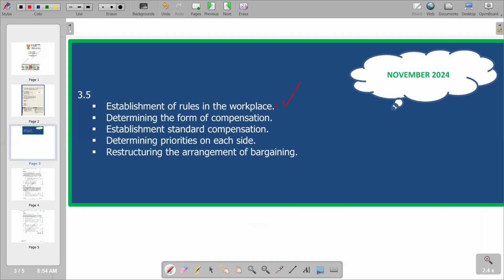Then the second one, determining the form of compensation and also establishment of standard compensation, determining priorities on each side, and restructuring the arrangement of bargaining. So those are some of the points that we have.